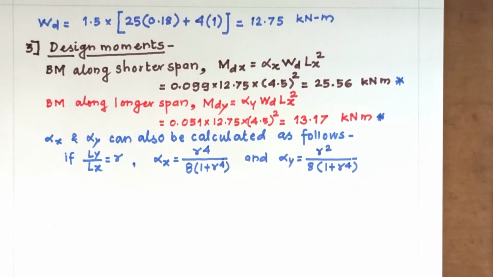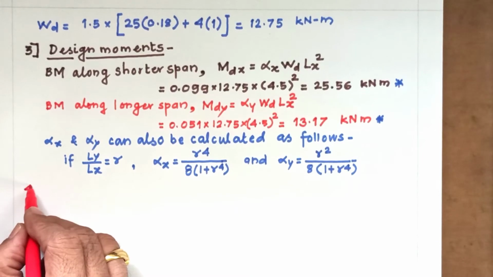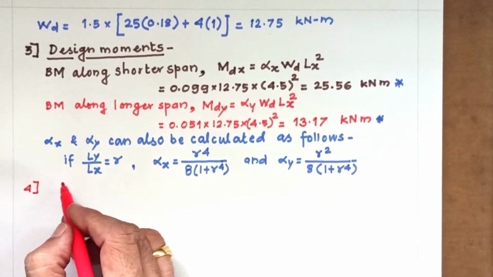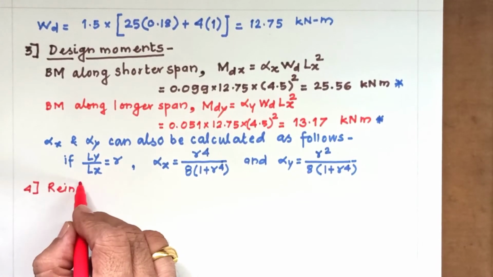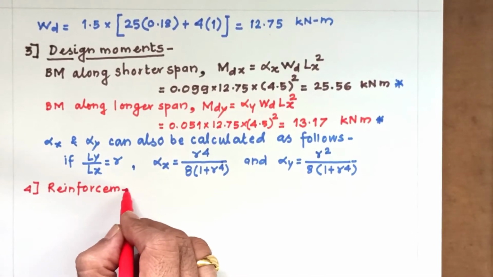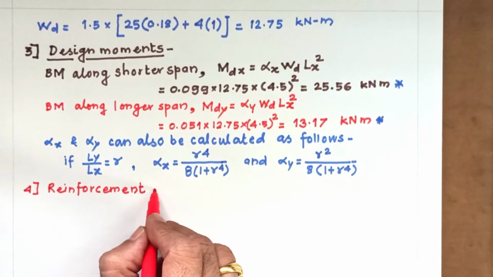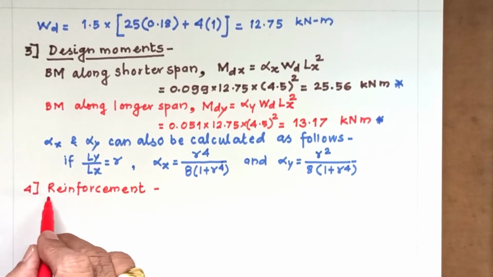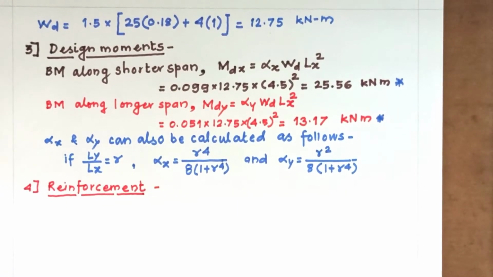Okay. Now let us go for the next step, that is reinforcement. I have already told you that we are designing a slab whose corners are free to lift, they are not held down. So we will not be providing any special torsional reinforcement at corner, okay, because the slab is free to lift.